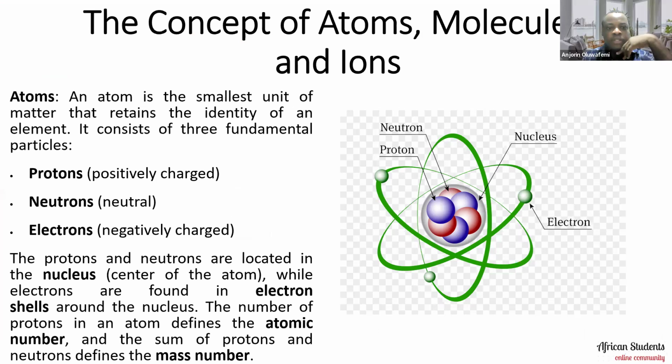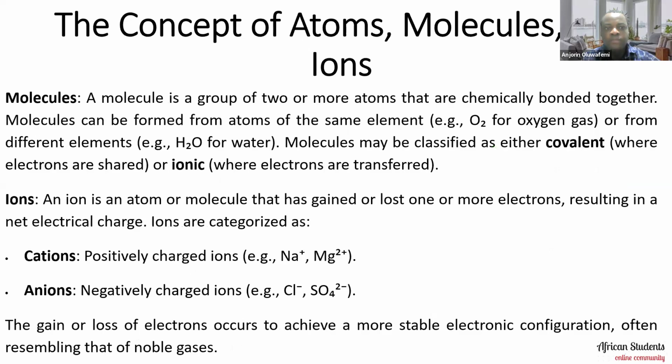We also talked about the atomic subparticles, or components of the atom, and then we basically talked about protons, neutrons, and electrons, and we gave definitions and explanations of what they are. And we also looked at molecules. We defined what a molecule is. And we equally looked at an ion and we defined what it is.